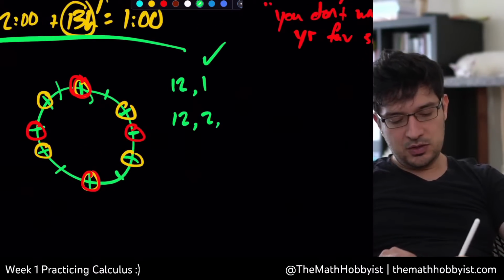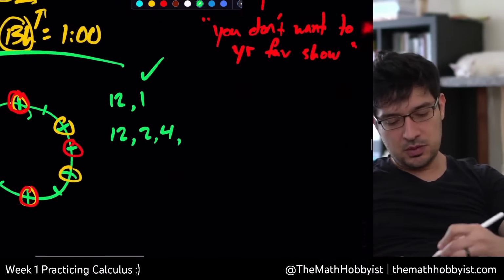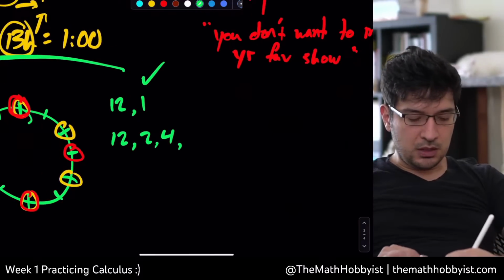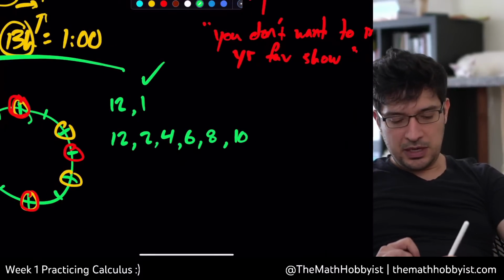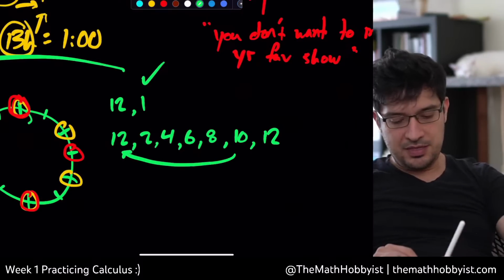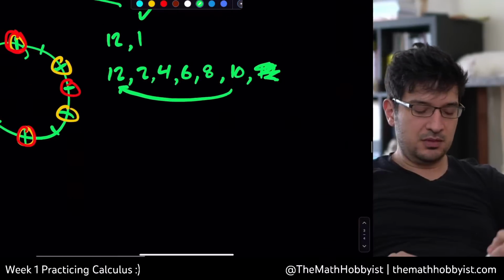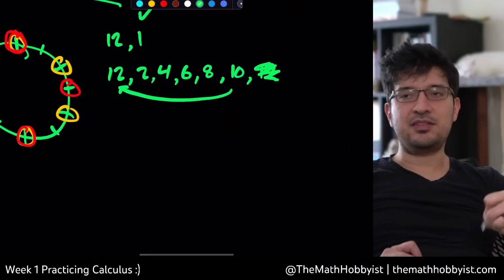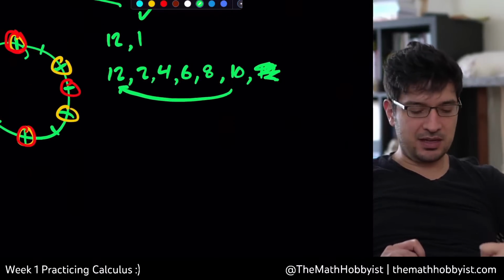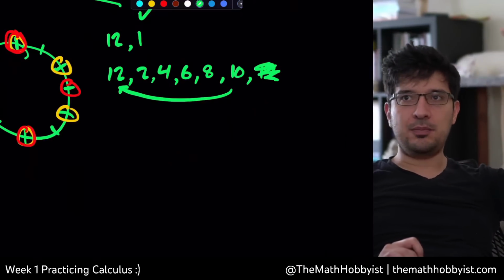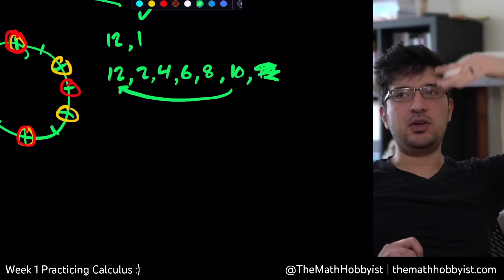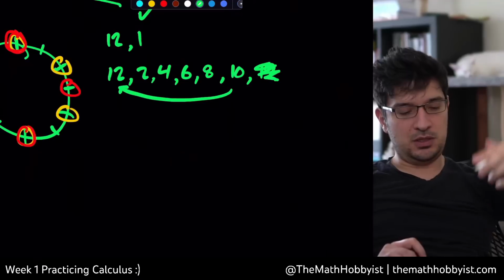Would you ever see your favorite show if you were doing 2-hour Pomodoros? At this point, we switch to these numbers, and then the kids or whoever start to see the pattern. They're like, okay, cool, I see what you're doing. You're doing this clock math where anytime that you go beyond 12, it returns back.